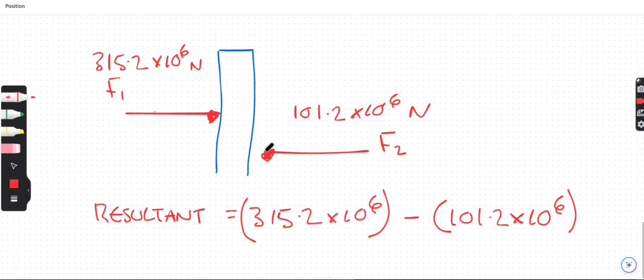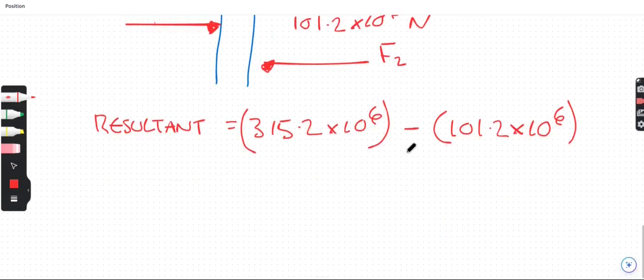Your one might have F2 bigger. Strictly speaking, anything going to the right, I put positive. Anything going the other way is minus. It's a big force, take away a small force. Which one's going to win? F1's going to win. What's the difference going to be?